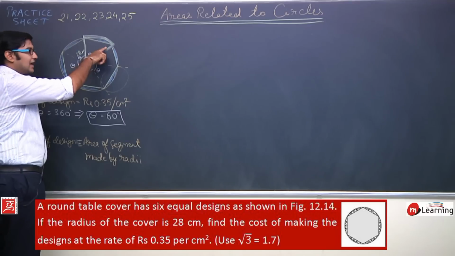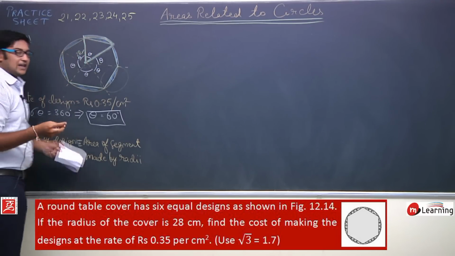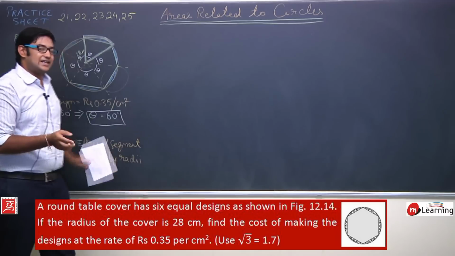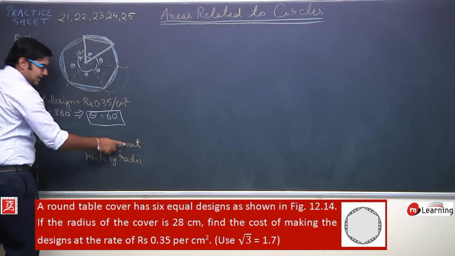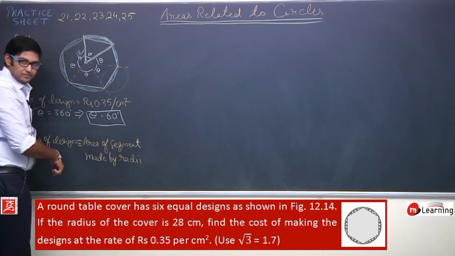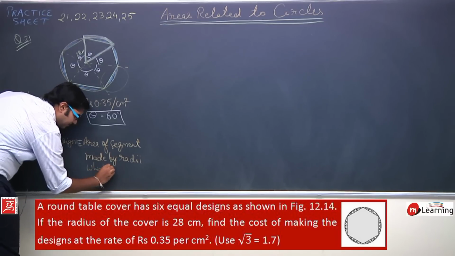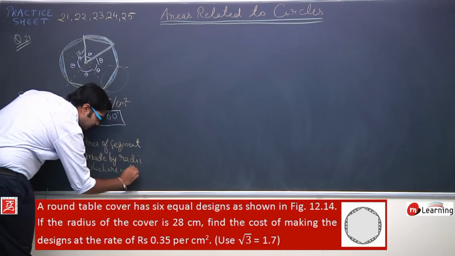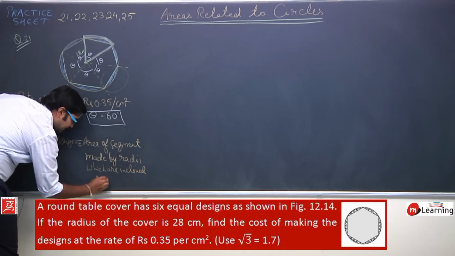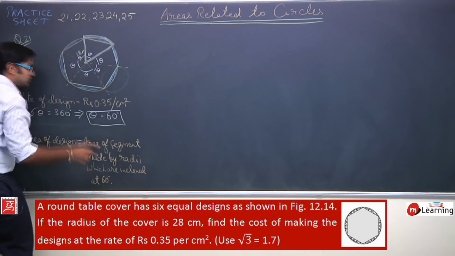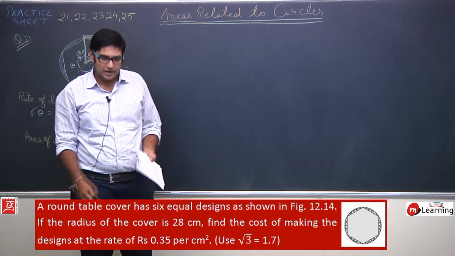Using these two radii I have drawn this segment, and these two radii are inclined at an angle of 60 degrees. So the area of this design is the area of the segment made by radii inclined at 60 degrees.